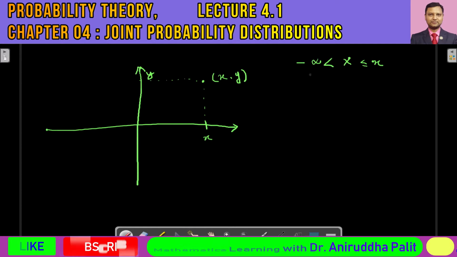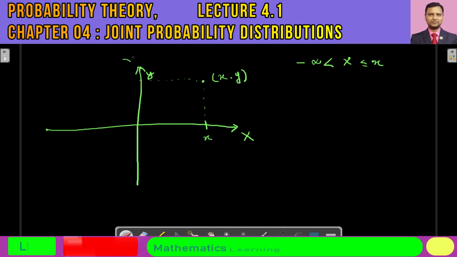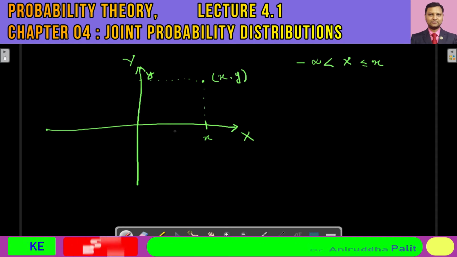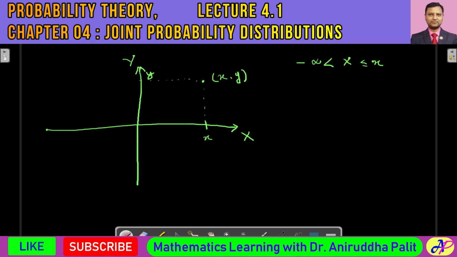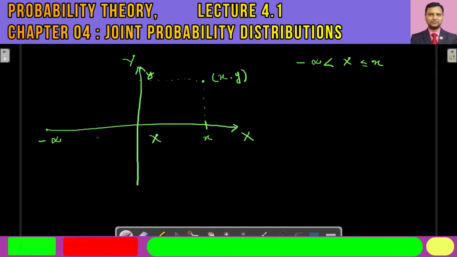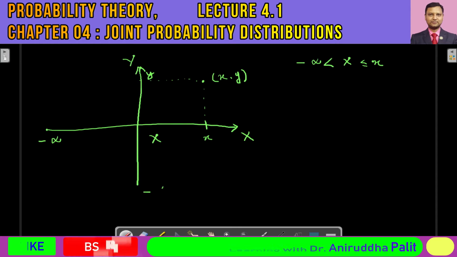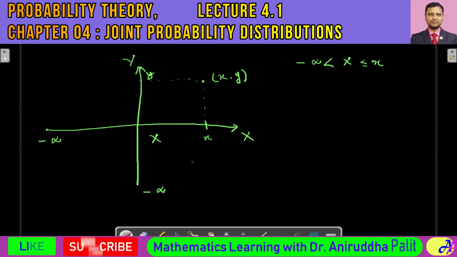Now minus infinity less than capital X, you can consider this the capital X axis, and this the capital Y axis. The value of capital X should lie in this zone. Over here, this is minus infinity for capital X, and this is minus infinity for capital Y.